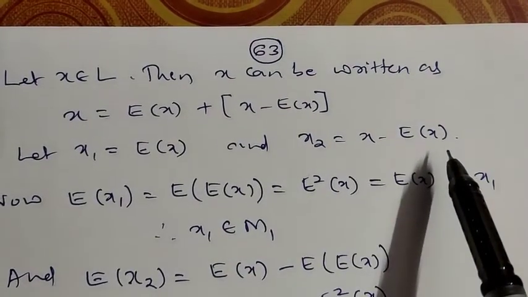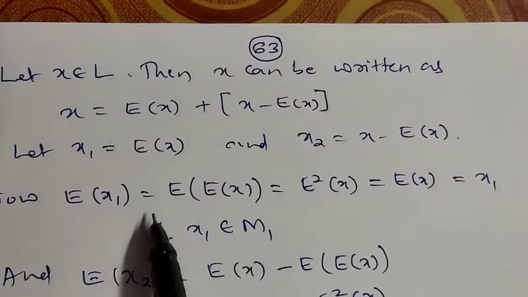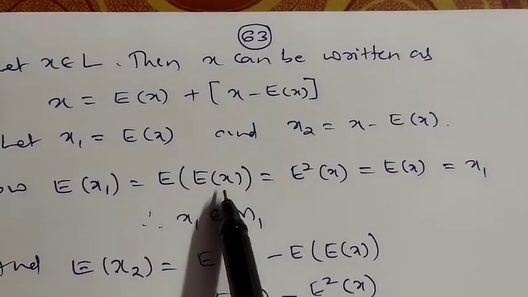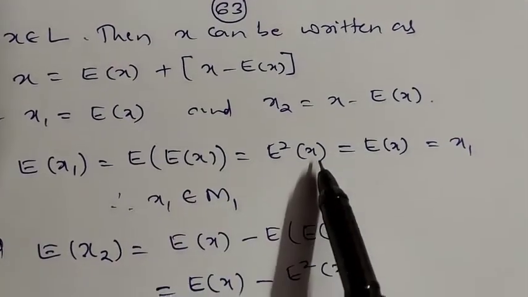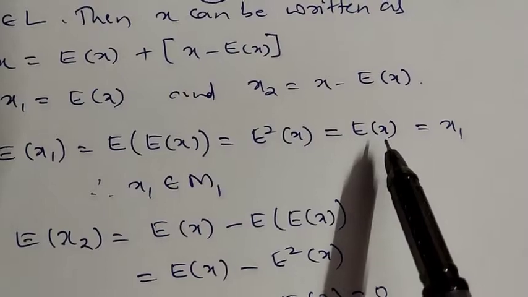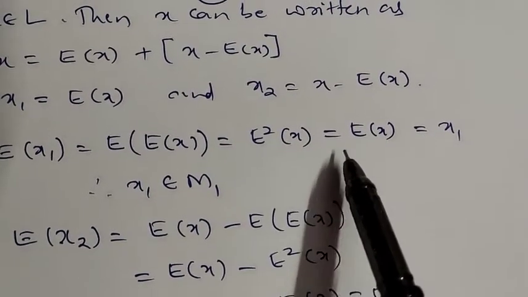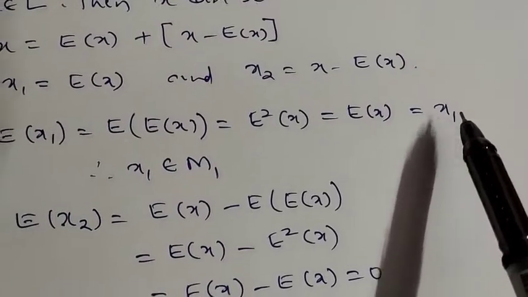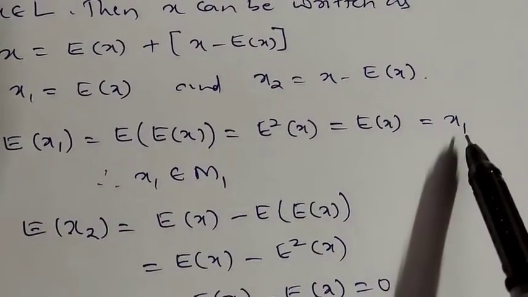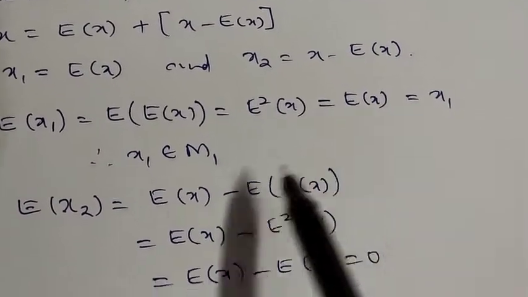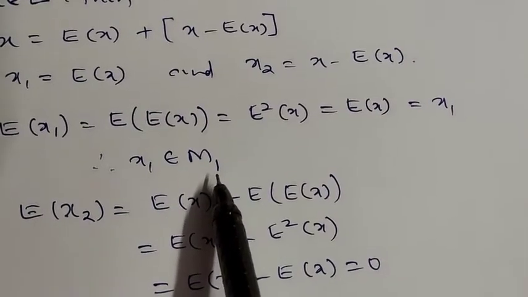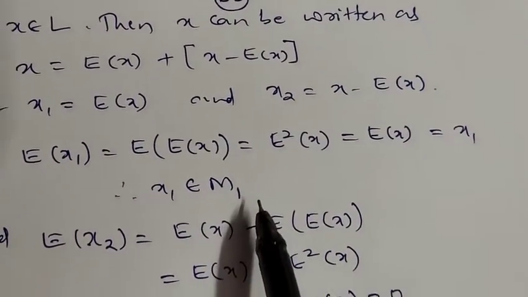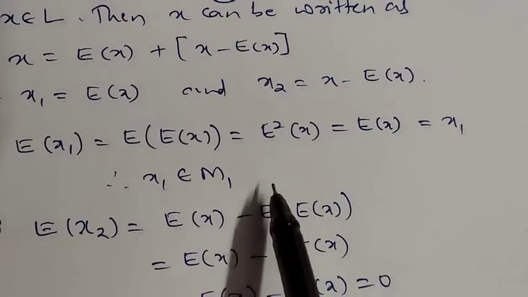Now E of x1 is equal to what? E of x1 means E of E of x, which is E squared of x, but we have assumed that E is idempotent, therefore E squared is E itself, so E of x1 is x1 again. E of x1 equal to x1 means x1 belongs to M1, because M1 contains the set of all x belonging to L such that E of x is equal to x.